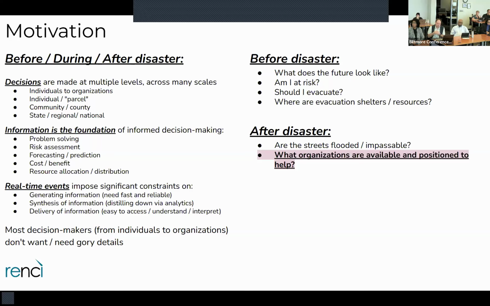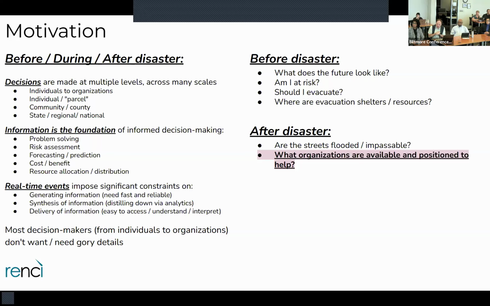And after the disaster, one might say, well, where are the streets flooded? Are they impassable? Can I even get back home or to wherever I need to go? And then what organizations are available and in position to help, whether at the individual level, community level, or even larger? That's the question that I think is important and that we're focusing on specifically.